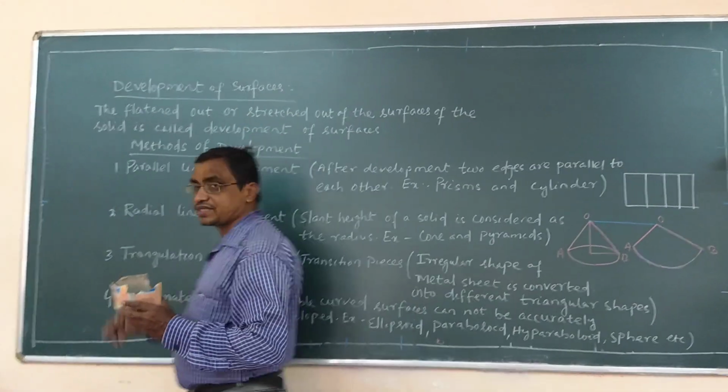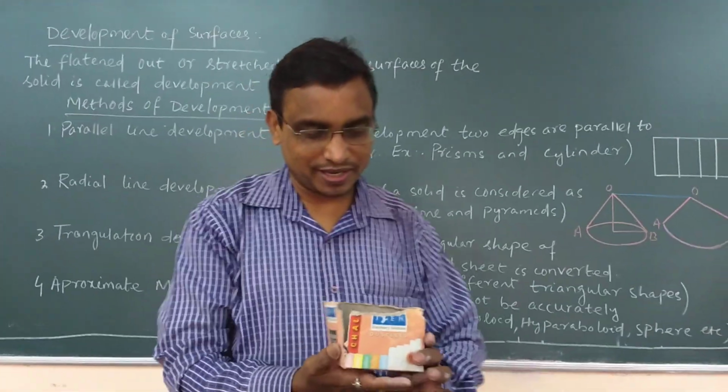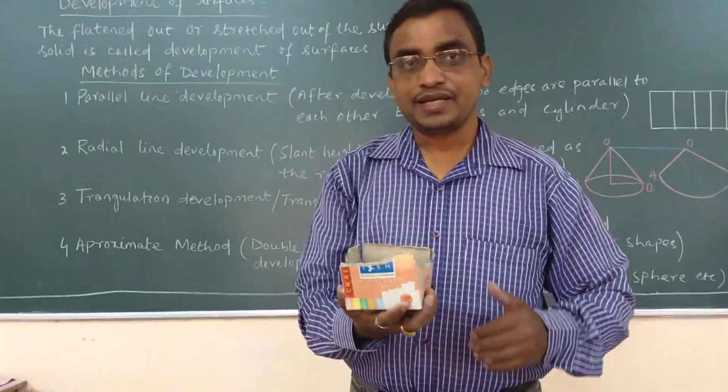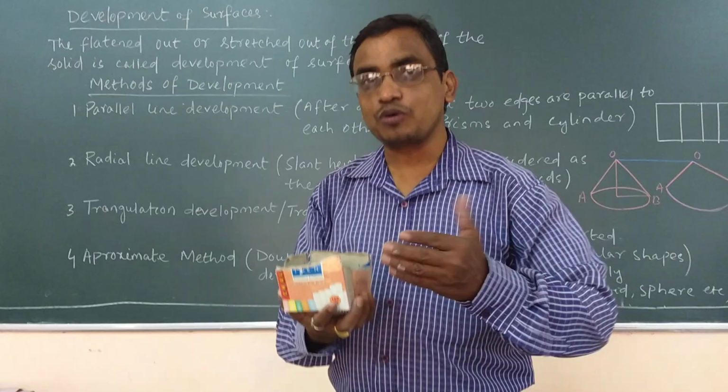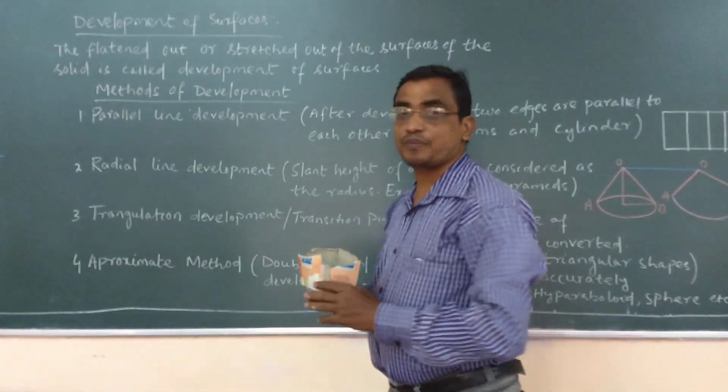Development of surfaces. What do you mean by development of surfaces? Just mark this is a packet. Development means stretched out or flattened out of the surfaces of the solid is called development of surfaces.